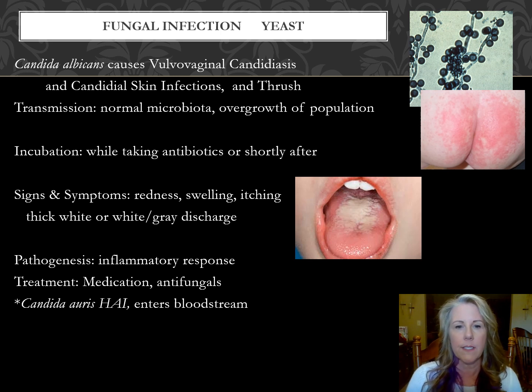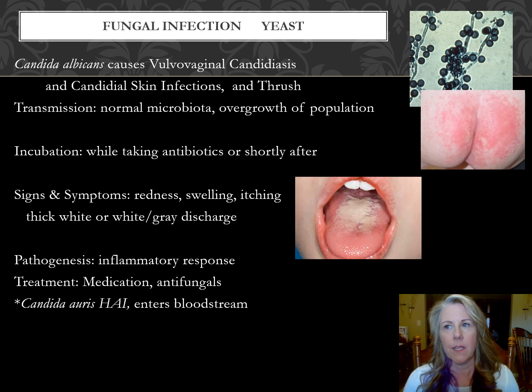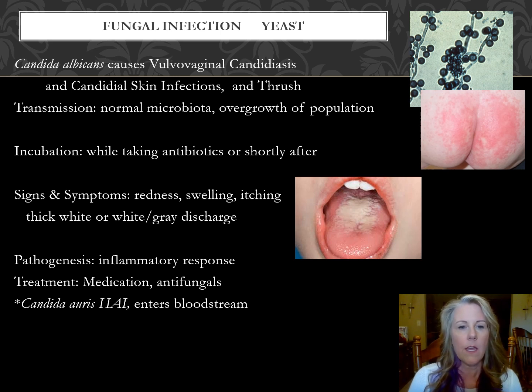So the redness, the erythema, I'm saying that wrong, erythema, the swelling, the itching, that's all coming from our immune system, and it is causing that to happen in our skin. Okay, we can also have the thick white or gray discharge.